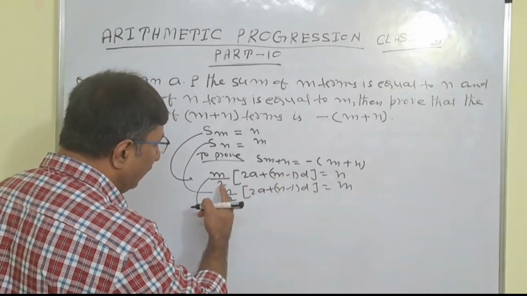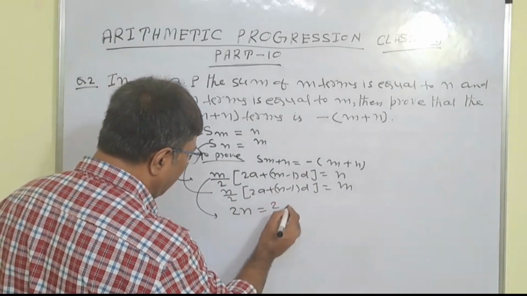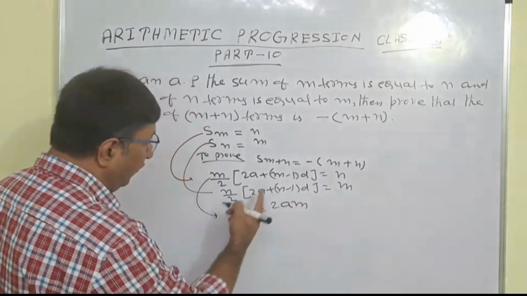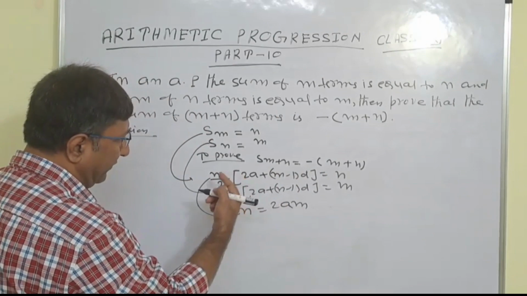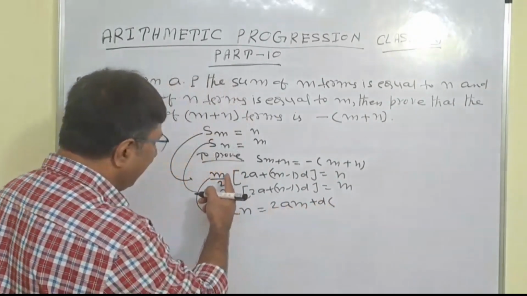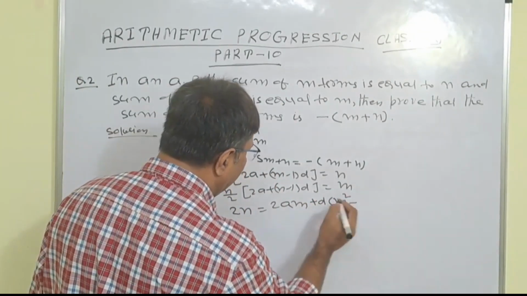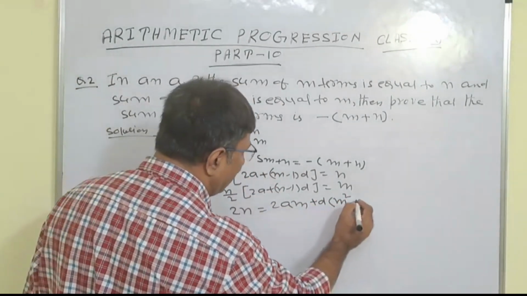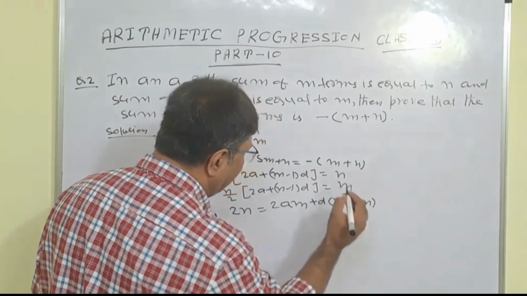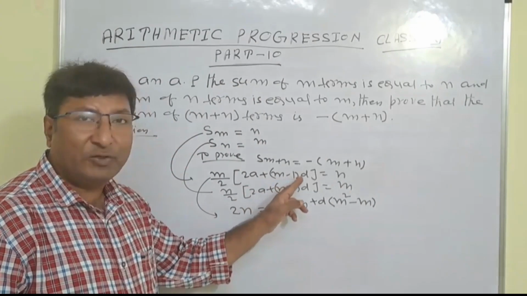Okay. Now from this equation we can write, that is 2 into n, 2n equal to 2am plus d is common here, and multiply m into m, that is m square, minus m into minus 1 is what? Minus m, right? So d is common: (m square minus m) into d.